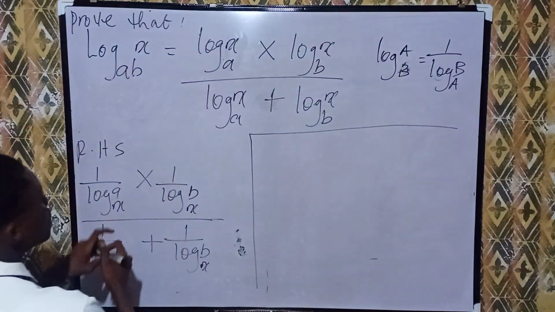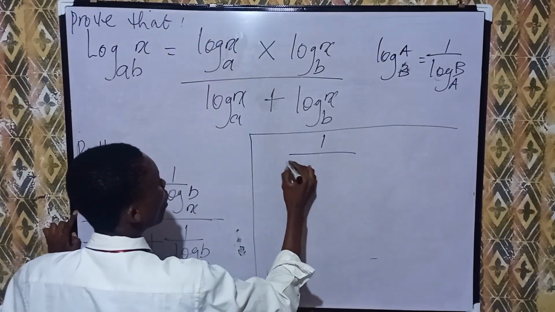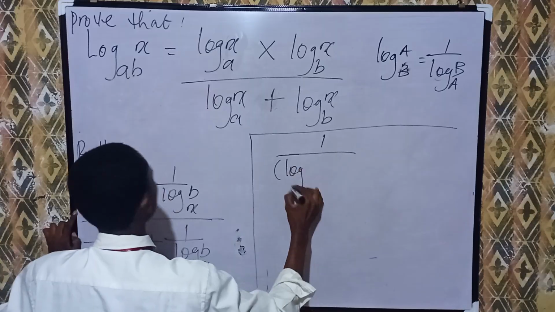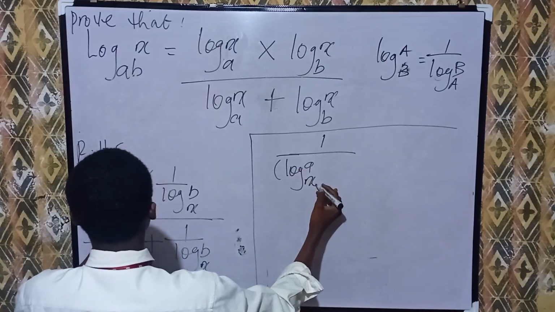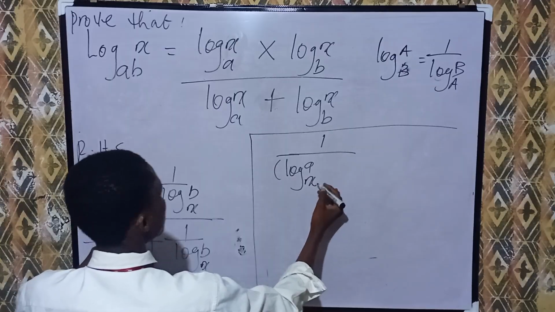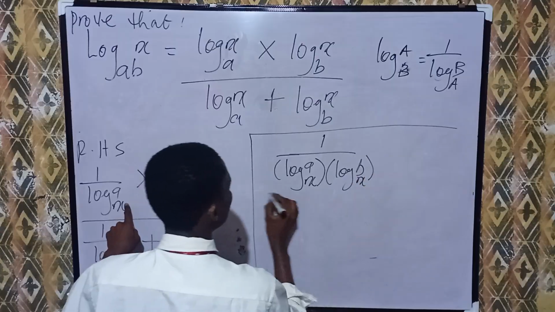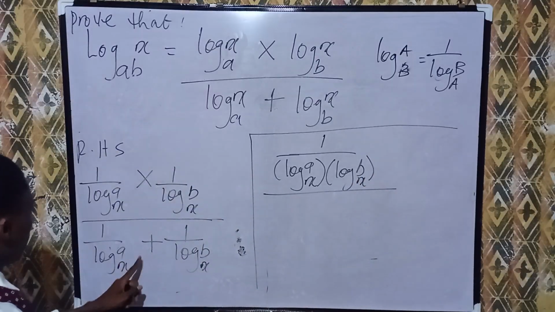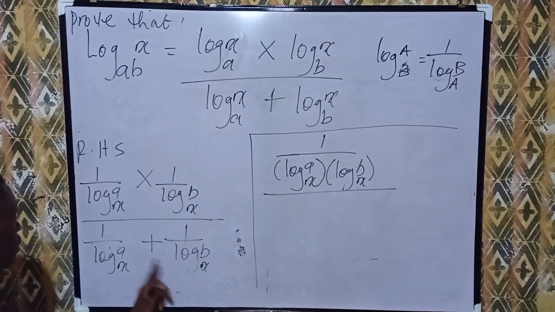So from here, if we multiply this, we know that we are having 1 upon log a base x and log b base x all over. From here, if we take the LCM, we use this to multiply this, and multiply the denominator.